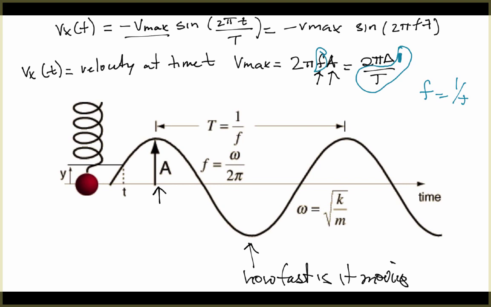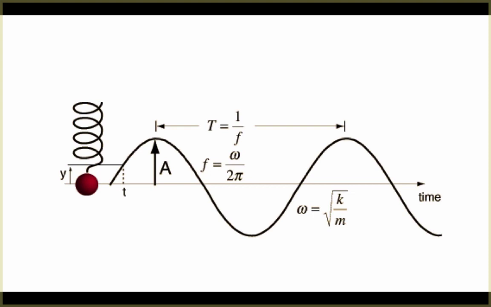And so you can find out what the max velocity is, or what the velocity is at a certain time point, or how fast it is, by plugging in this information. And the last part of this is you can do the same using acceleration, or how much speed is being gained.